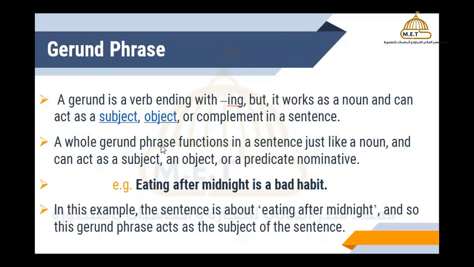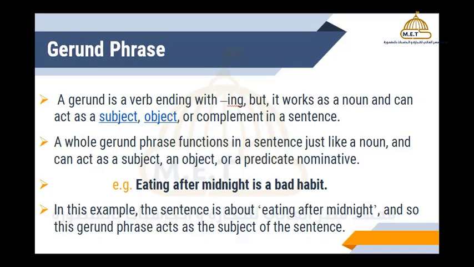A whole gerund phrase functions in a sentence just like a noun and can act as a subject, an object, or a predicate nominative. يعني الجيرند هو verb بينتهي ب ing بس وظيفته ان هو كnoun, ممكن يبقى subject او object او complement in a sentence, ممكن يبقى فاعل, ممكن يبقى مفعول, ممكن يبقى تكملة للجملة بتشرح معنى الجملة او بتكملها له.